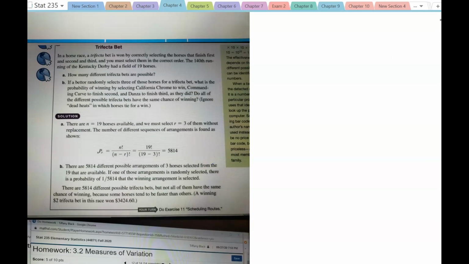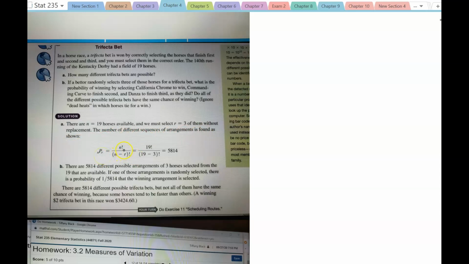This next example in your textbook is you're looking at a horse race in which you pick 3 winning horses out of a total of 19 horses. So you're picking them without replacement. The number of different sequences and arrangements is found as a permutation.